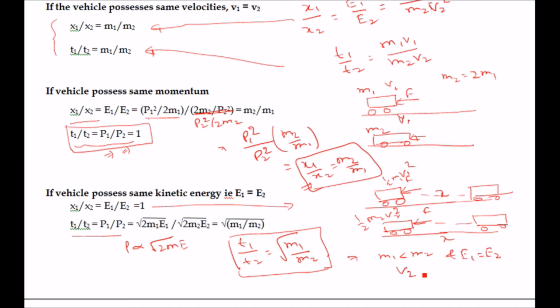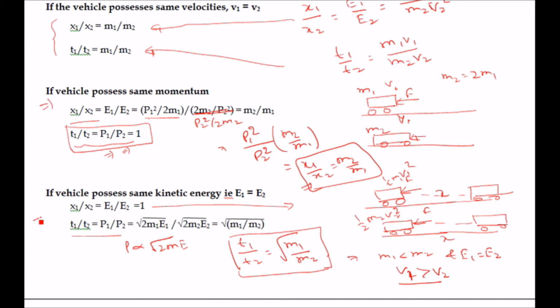Clearly v1 will be greater than v2, that is, the velocity of the heavy vehicle will be less, but the time taken by the heavy vehicle to stop will be more, although its velocity will be less. So these are the different concepts.